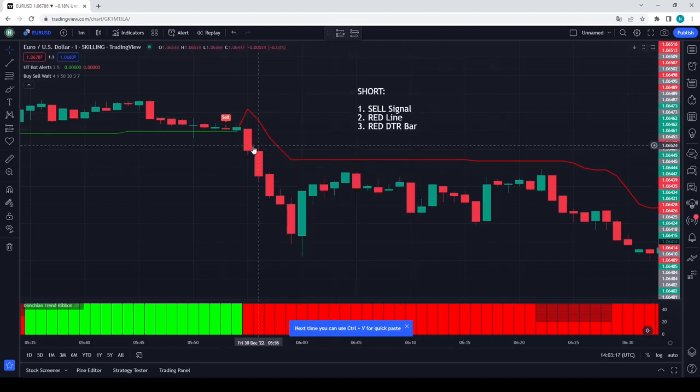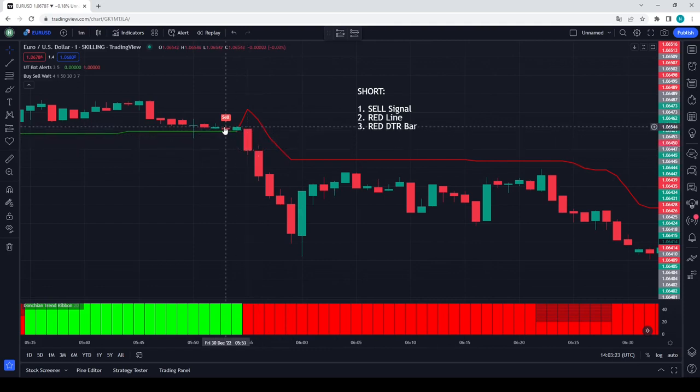And we got a very good example over here. As you can see, we get our sell signal over here, but the only condition which is valid right now is the sell signal. So neither the line nor the Donchian Trend Ribbon are red, so we will not start into the trade over here.